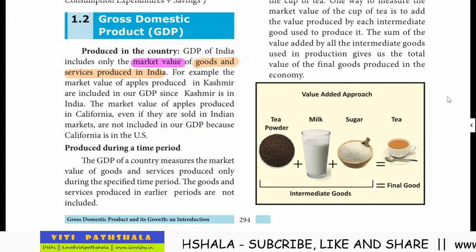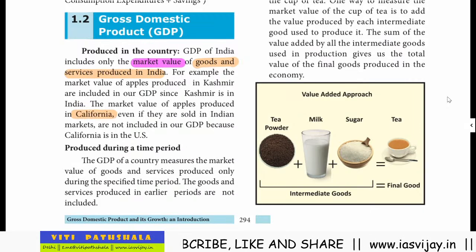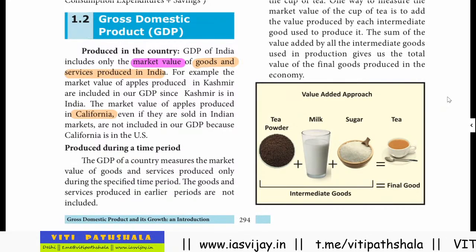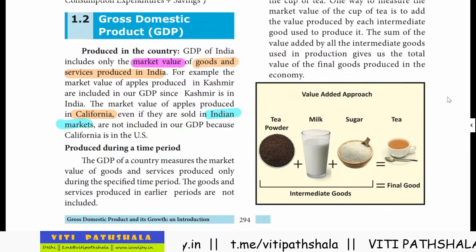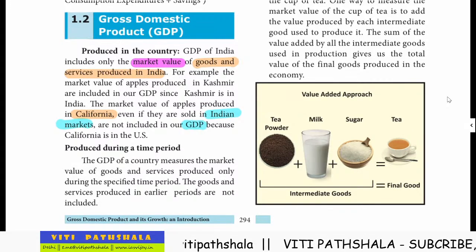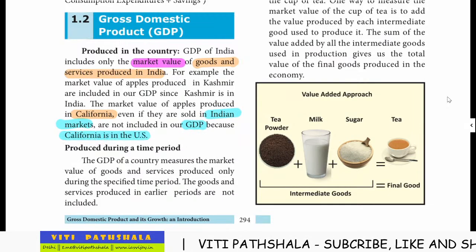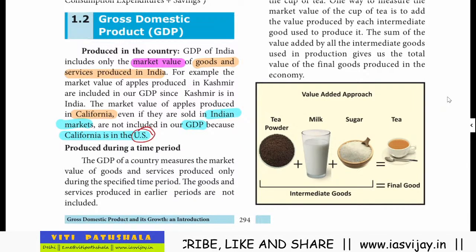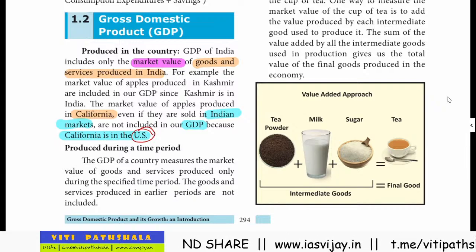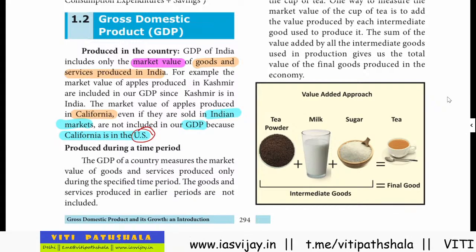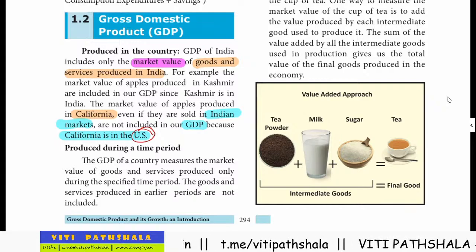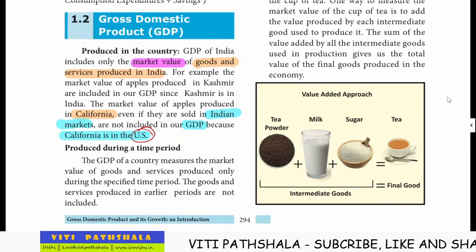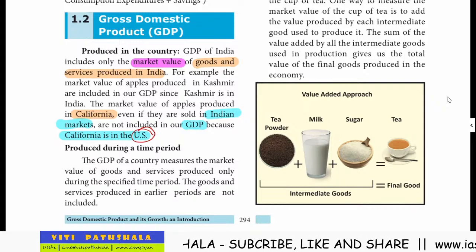The market value of apples produced in California, even if they are sold in the Indian market, is not included in our GDP because California is not in India. So only what is produced in a country, that is called domestic, is calculated in the GDP. It's a beautiful example.